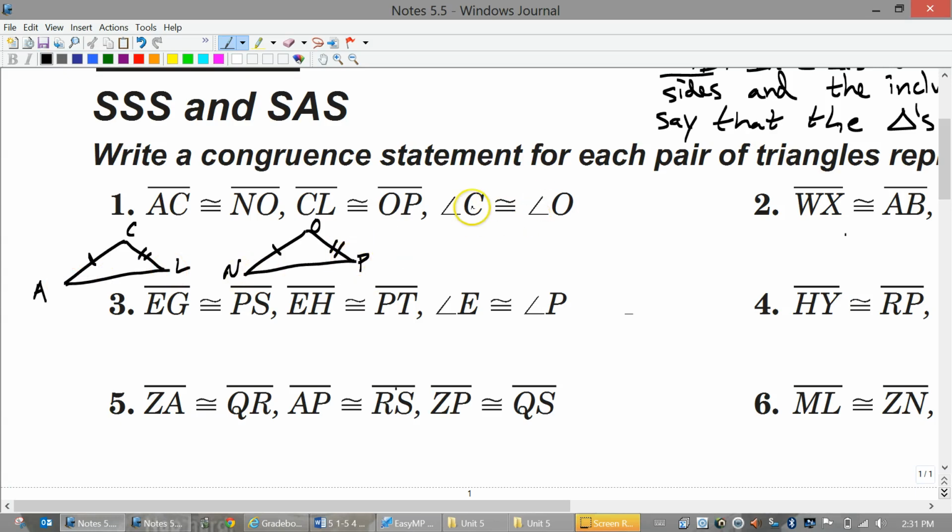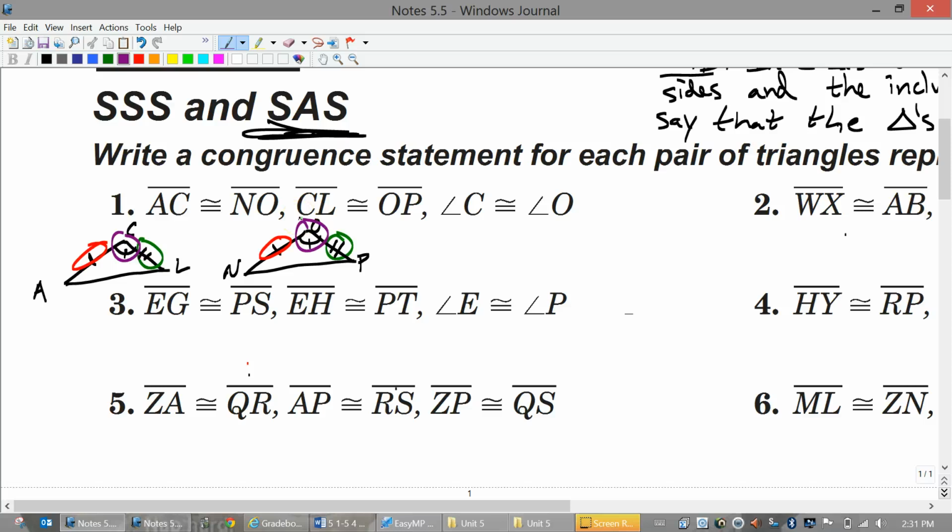Also, we're given a situation where angle C is congruent to angle O. Notice how we have a side angle side situation, a SAS situation where we have 2 sets of sides and their included angle, the angle that's in between them, being congruent. That's a side angle side situation.